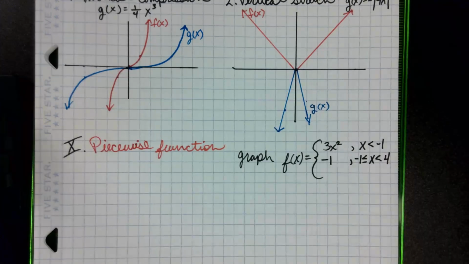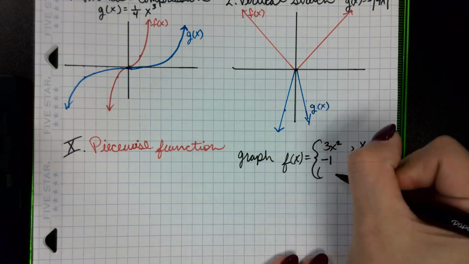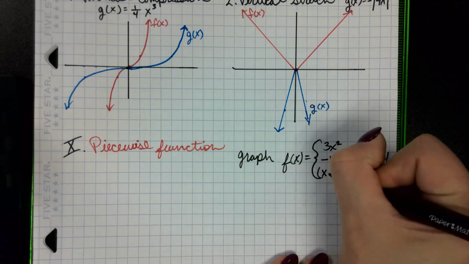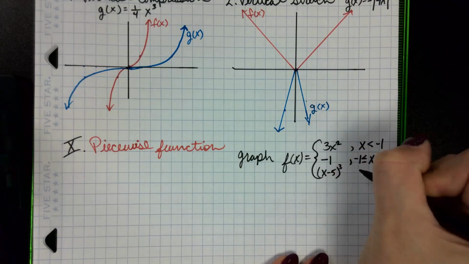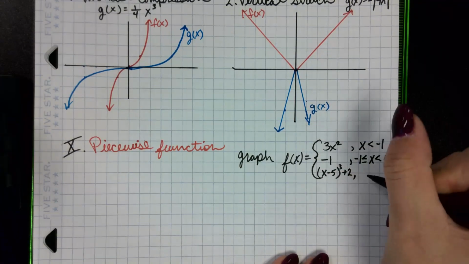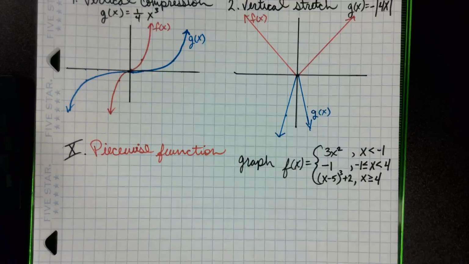So that's for that interval of the domain. And then for everything else greater than 4, we have parentheses x minus 5 to the 3rd power plus 2. And that is when x is greater than or equal to 4. So there's the piecewise function.